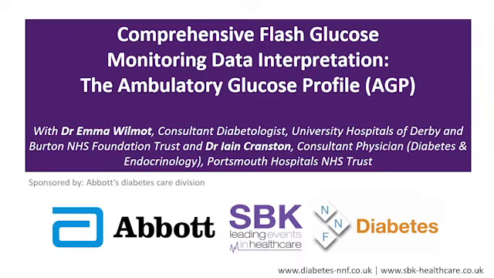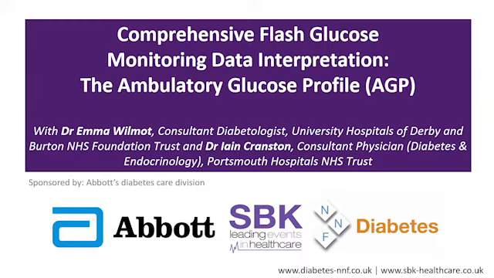So for me, the key bit of the data that we see from the LibreView projection is the AGP report, which is a single page, effectively the page which is endorsed by the International Consensus group, which has got 3 sections. The top section relates to the time in range.